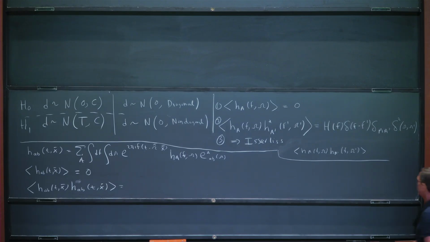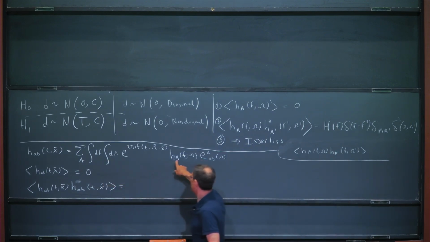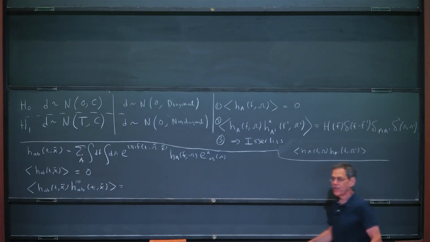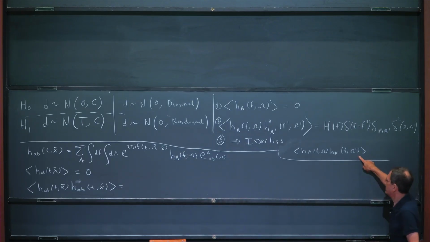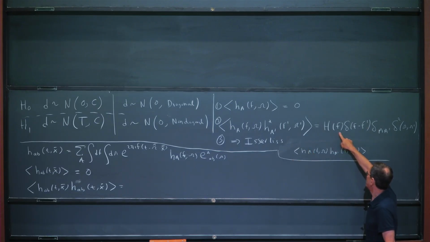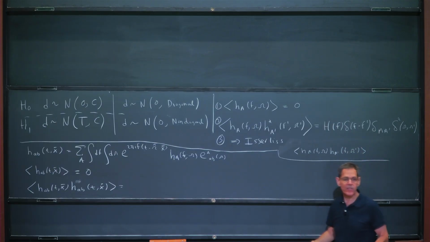Remember, in every single universe this quantity is real, and that means that h_A of minus f, omega is the complex conjugate. So if you want to get this quantity, just change the sign of f in here. So that becomes h of f delta of f plus f prime. It's not 0, but you can compute it.